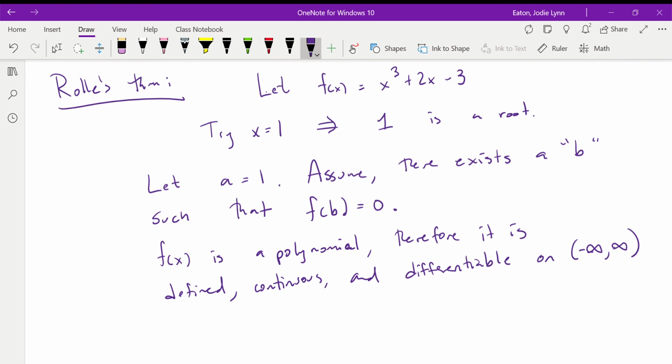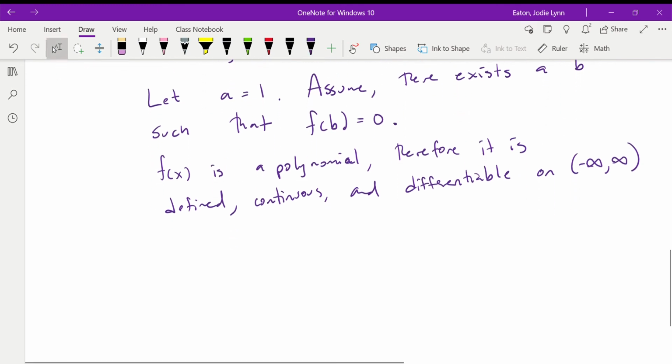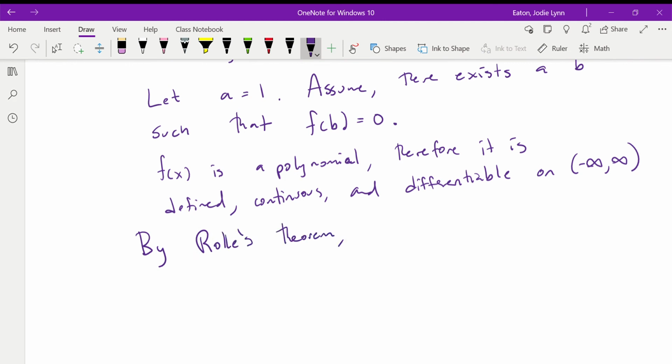So if we section off [a, b], it will fit the preconditions of Rolle's theorem. So by Rolle's theorem, there exists a c such that f prime of c equals 0 on the interval (a, b).